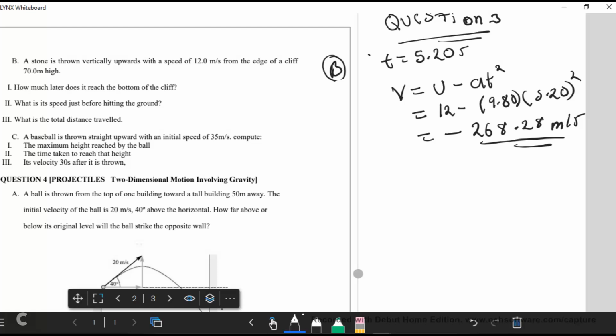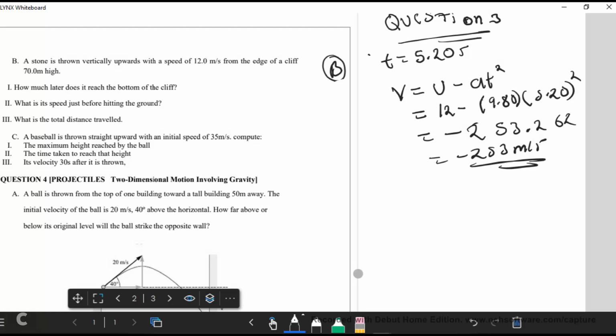That is 9.81 times 5.2, minus 12. So your answer is supposed to give you 253.262. So the answer is 253 meters per second, just like that.